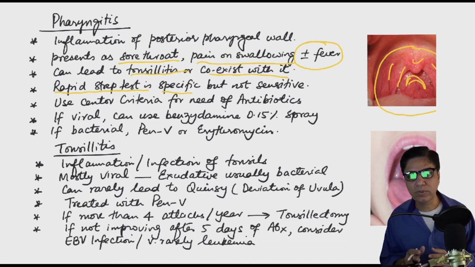So we use the Centor criteria, which is the criteria we use to see if a child would need antibiotics or not. If the rapid strep test is positive, well and good.